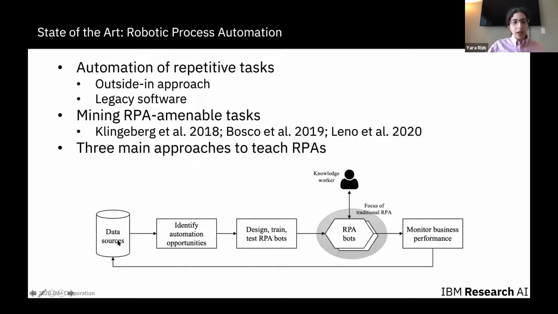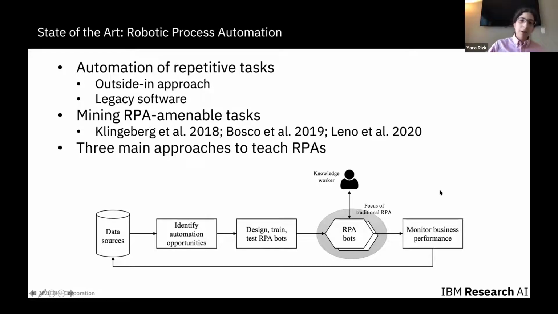First, we need to make sure we have a good source of data to have some training data to learn the tasks that the RPAs need to learn. We need to identify automation opportunities, and then we need to design, train, and test these RPA bots before we can deploy them into the real world. Once they're deployed, we really need to make sure that we continue to monitor performance so that they are behaving as expected.